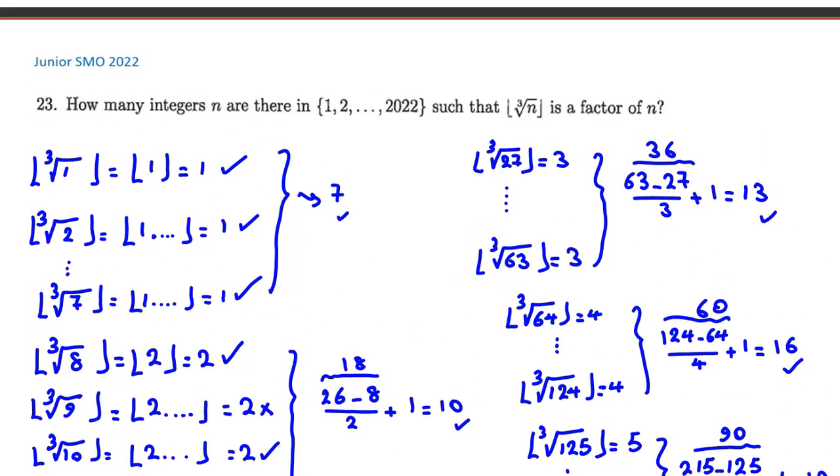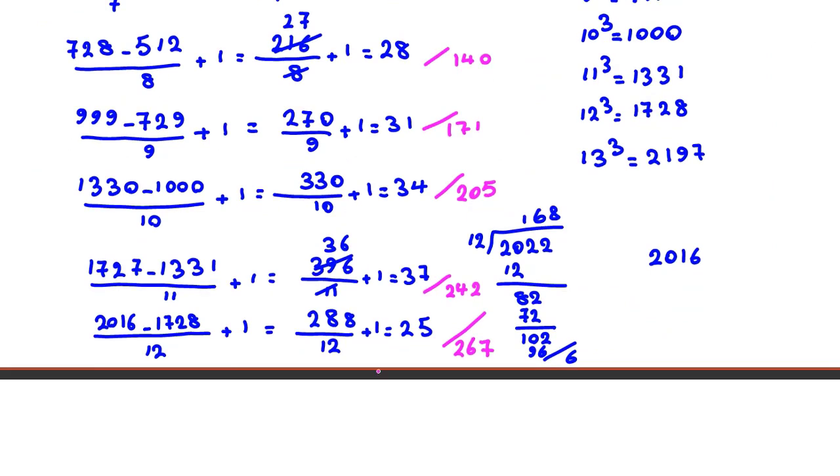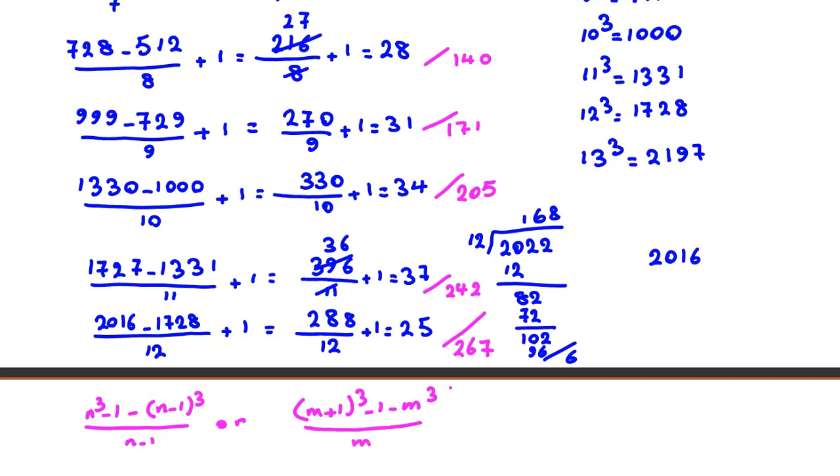If, for example, the number was larger or you wanted, you can say, for example, n cubed. As you can see, we've considered n cubed minus 1 for these parts, minus n minus 1 cubed divided by n minus 1. Okay, or we can say, for example, m plus 1 cubed minus 1 minus m cubed divided by m. Then if you want to calculate this, it is equal to m cubed plus 3m squared plus 3m plus 1 minus 1 minus m cubed.